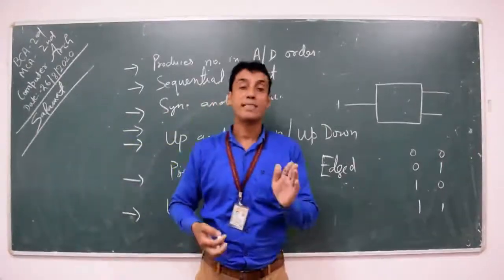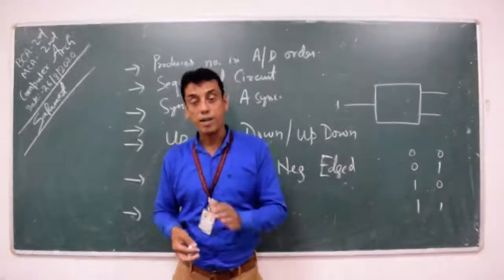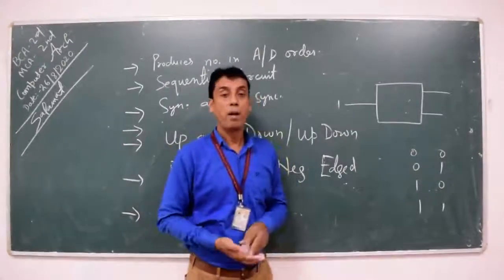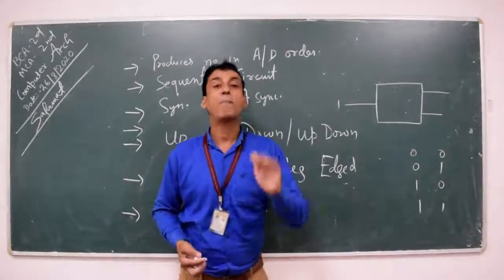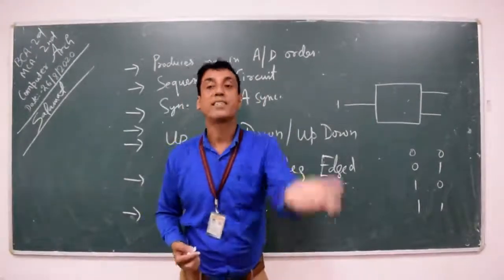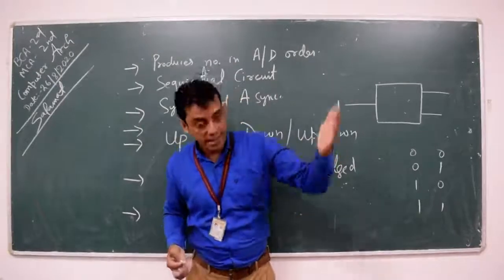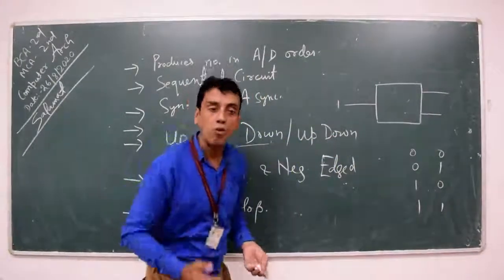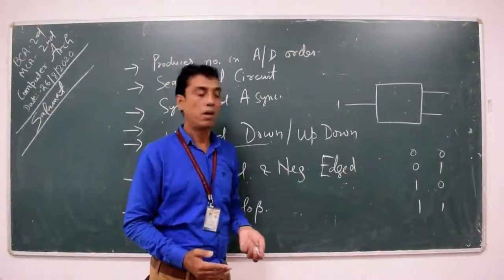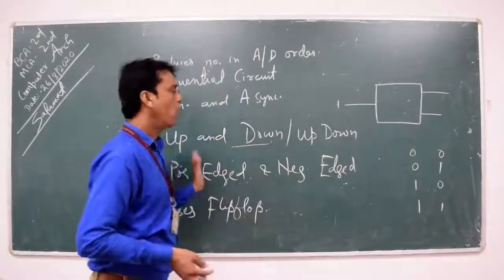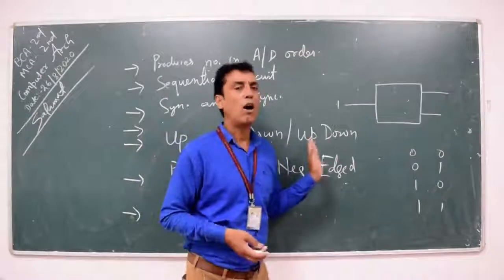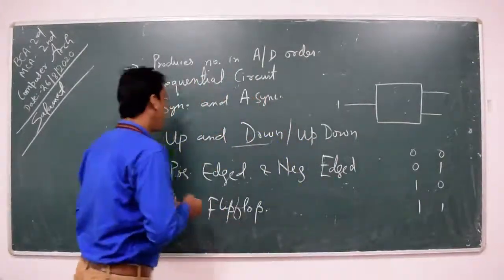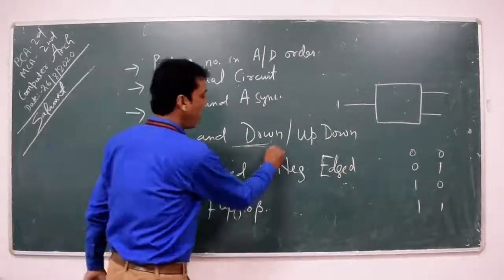There are some cases where the counter produces numbers in ascending order, but when it reaches the maximum limit, then it starts producing numbers in descending order, and this type of counter is known as up-down counter. So, on the basis of its output in ascending or descending order, the counters are mainly classified in up and down.